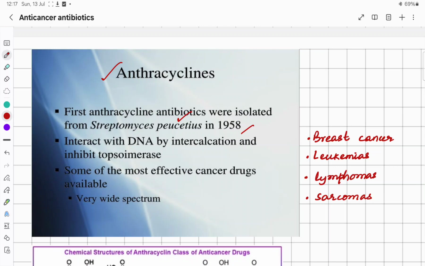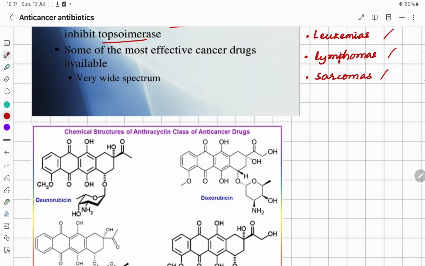Their major mechanism is DNA intercalation and inhibition of topoisomerase, and they are most effective cancer drugs with a very wide spectrum, can be used against breast cancer, leukemia, lymphoma, sarcomas.